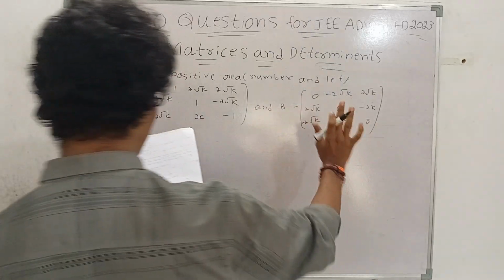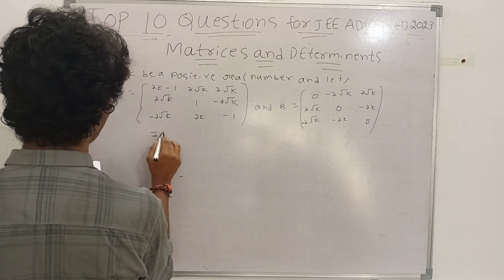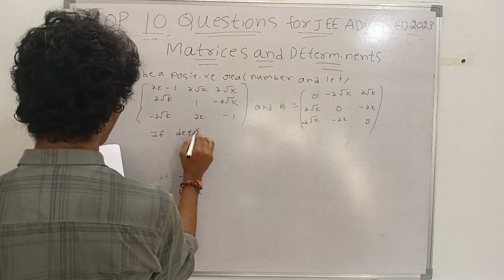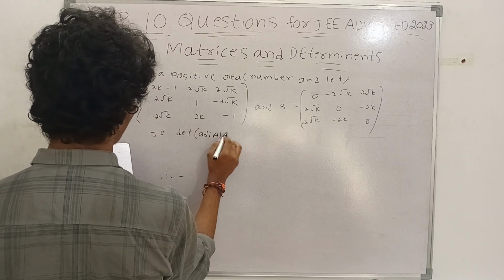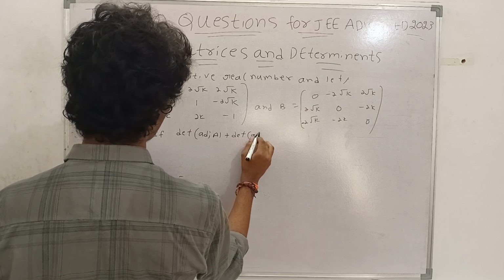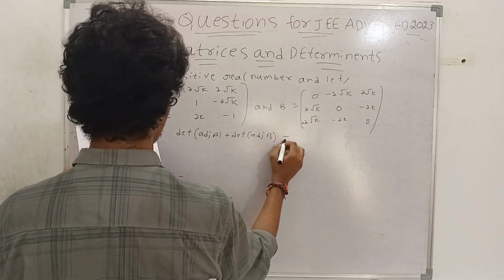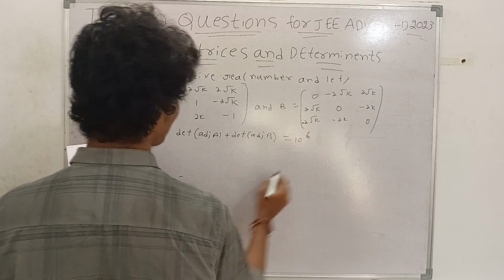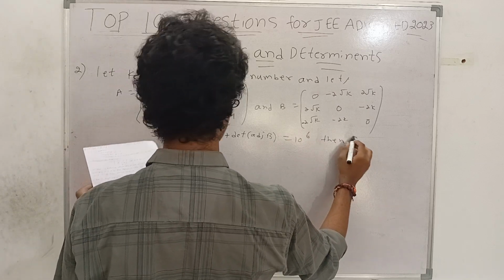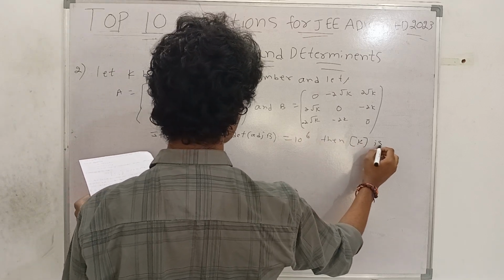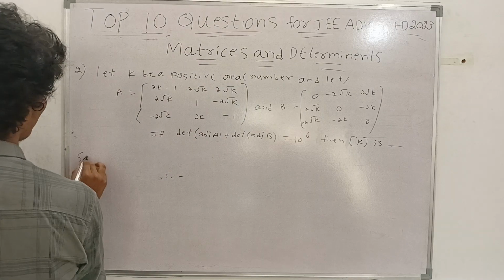So this is the value of B, and they have given that det(adj A) + det(adj B) is equal to 10⁶, then the greatest integer of k is. This is a very important question.